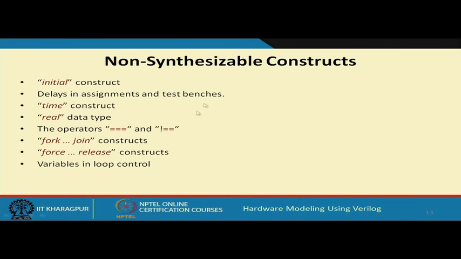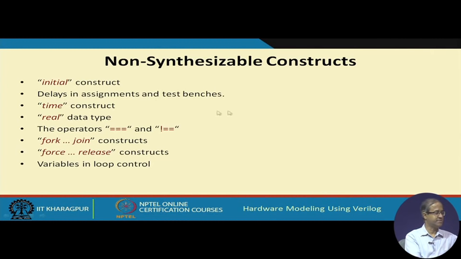And there are a few things which are definitely not synthesizable, like the initial construct, which is meant only to be used in test benches. Delay specification using the hash command, so you cannot use delays in synthesizable code. Time, there is no concept of time in synthesizable code. Real data type is often not supported, only bits and integers are supported.